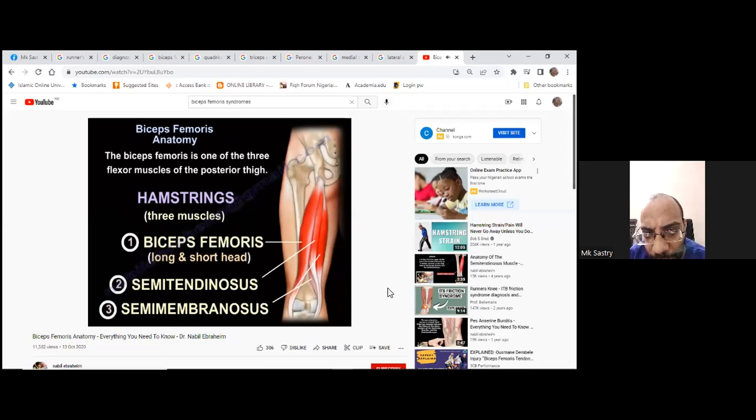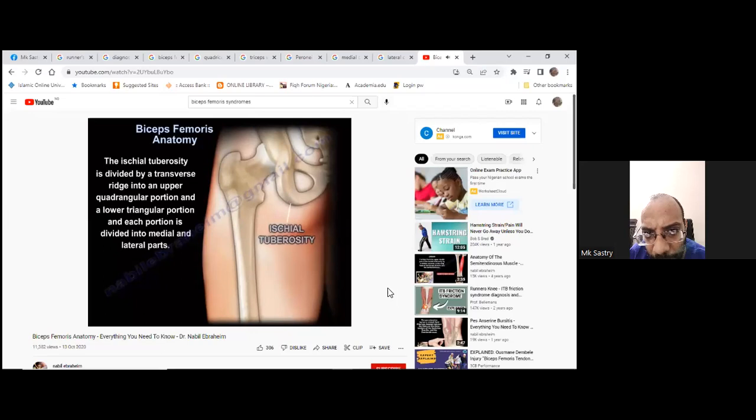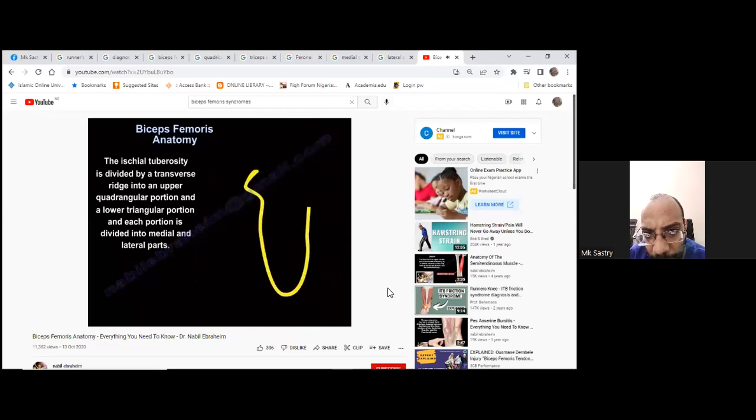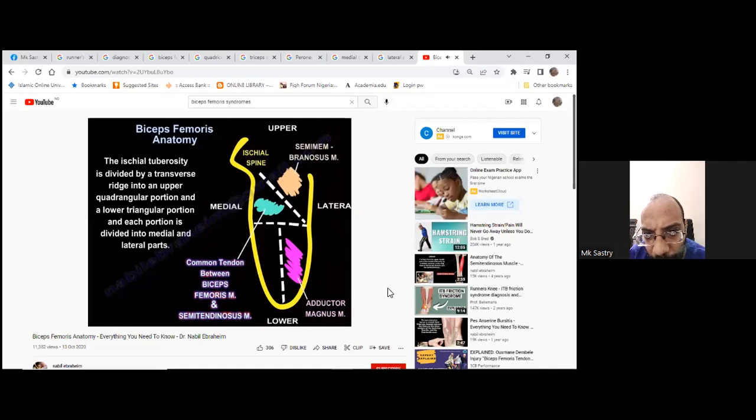The biceps femoris, the long and short head, the semitendinosus, and the semimembranosus.